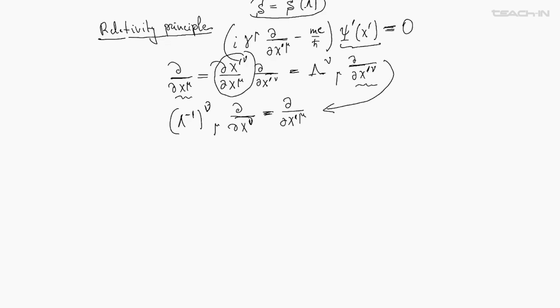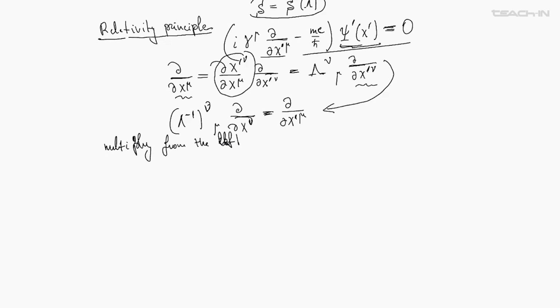Now, what do we do? We take this equation, the equation in the new frame, and multiply it from the left with the matrix S minus 1. What do we get in this case?